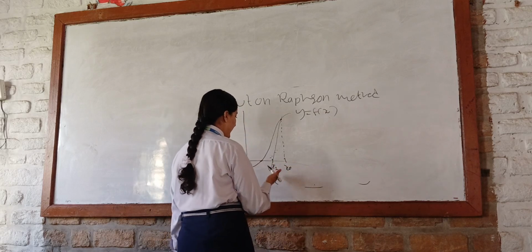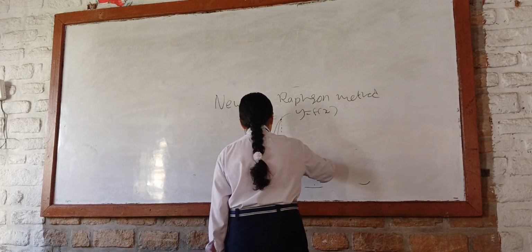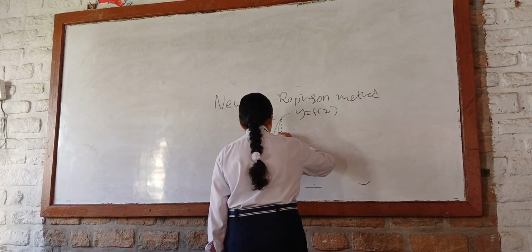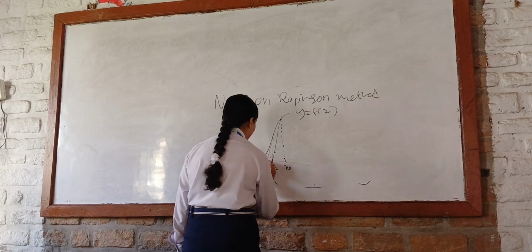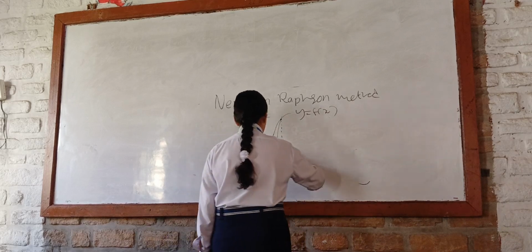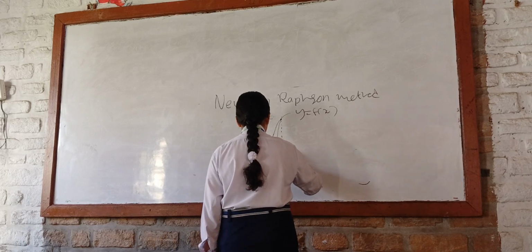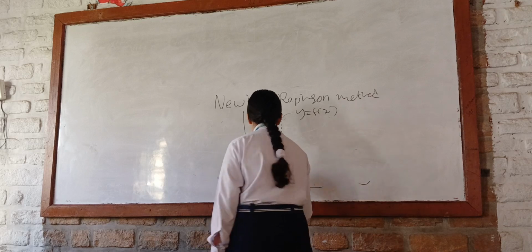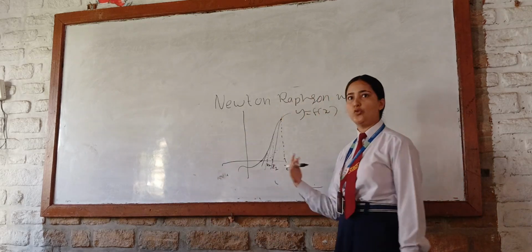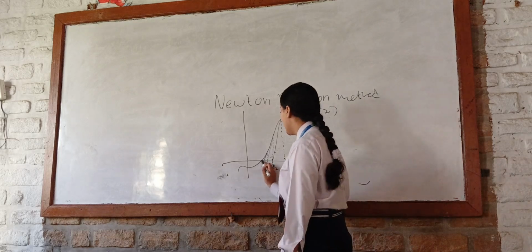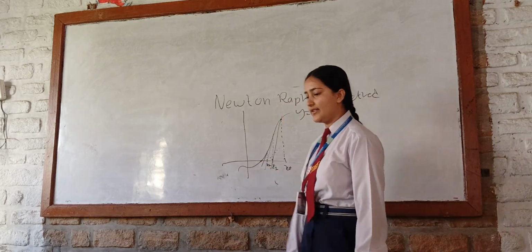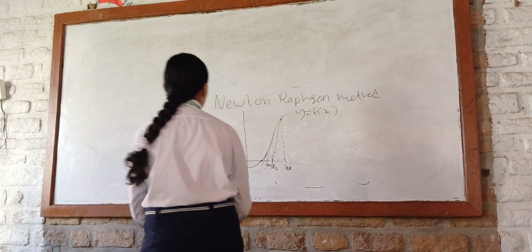This is our new value of x. Now we go up again and repeat the process. Draw a tangent line again from here. Now here is x2. Similarly we go up again, draw a tangent, and we can see that progressively as we move on, the value of x is converging and getting closer and closer to the root, which is over here. So this is how Newton-Raphson method works.